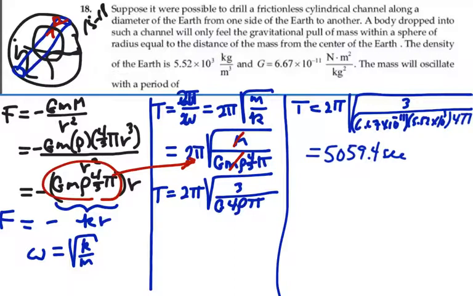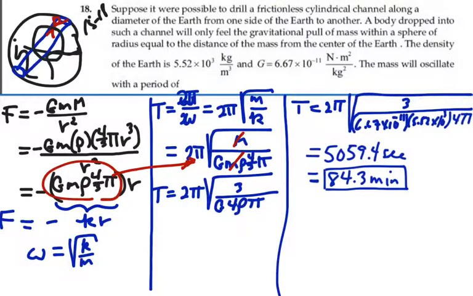So the repetition period of you falling into this channel, like a spring, going there and back again, is 5,059.4 seconds. Or let's convert this into minutes. Let's divide it by 60. And what do we get? 84.3 minutes. So it'll be 84.3 minutes of an oscillation period there and back again. You could go to the other side of the Earth and back again in 84.3 minutes.